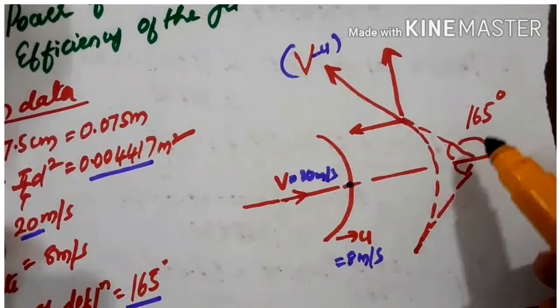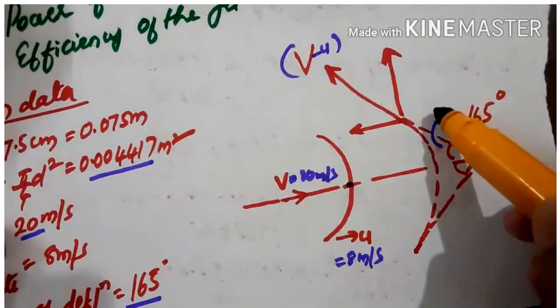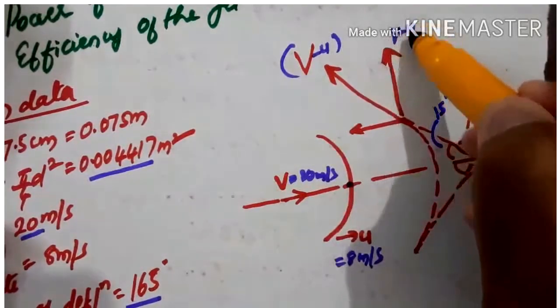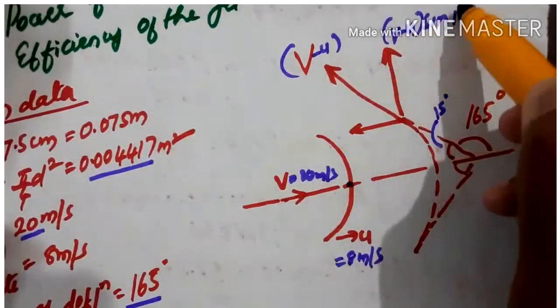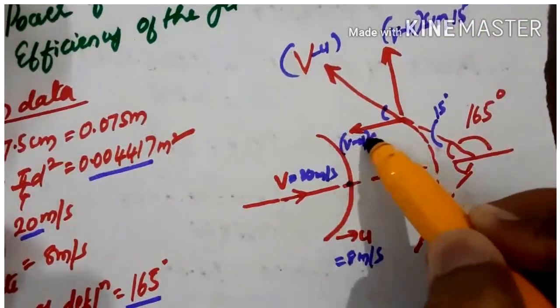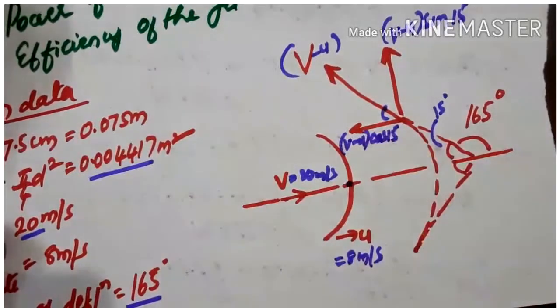The angle of deflection is given, and this angle becomes 15 degree. Then this will be v minus u sine of 15, because this is also 15, and this will be v minus u cos of 15.